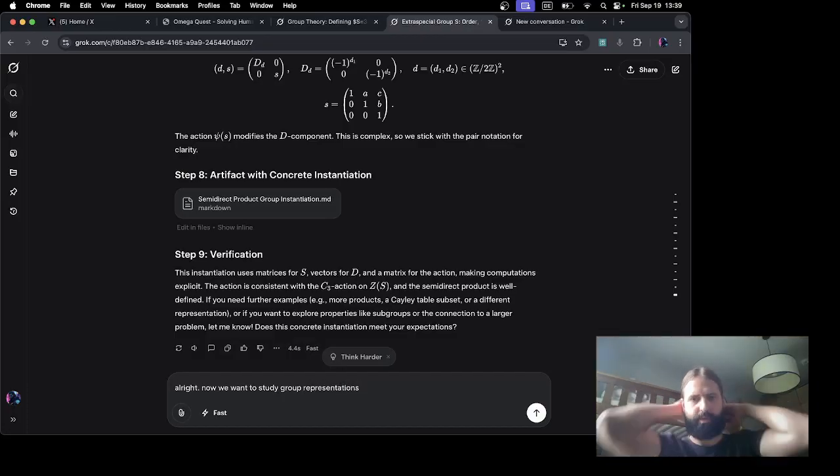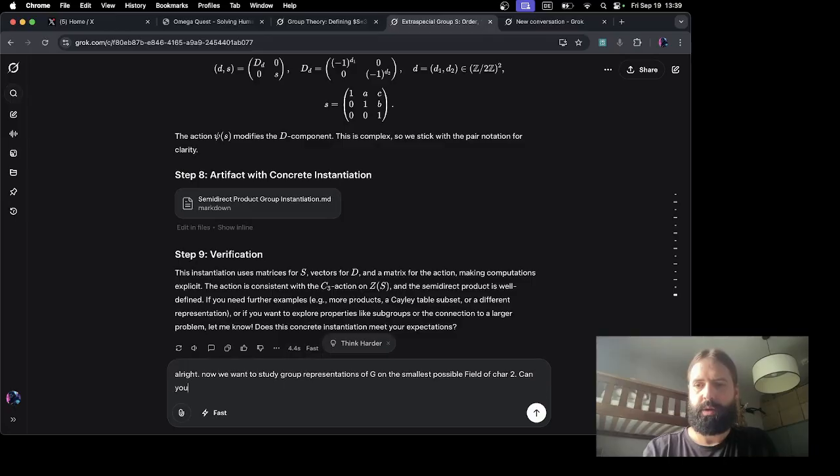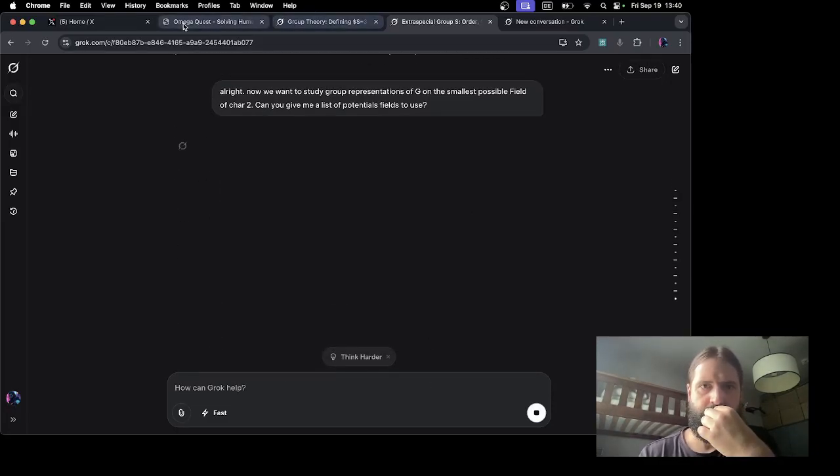Let's have group representations of G on fields, on the smallest possible field of characteristic 2. Can you give me a list of potential fields to use? That's the next step.